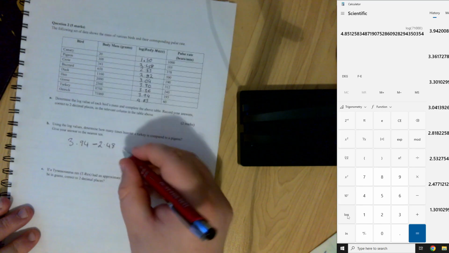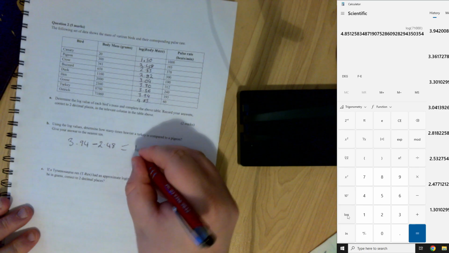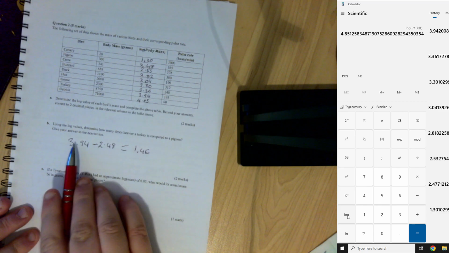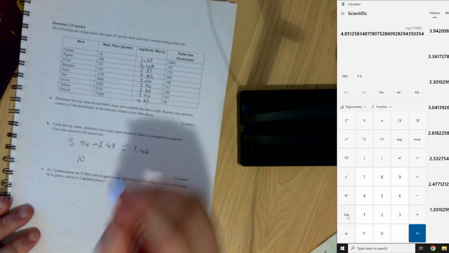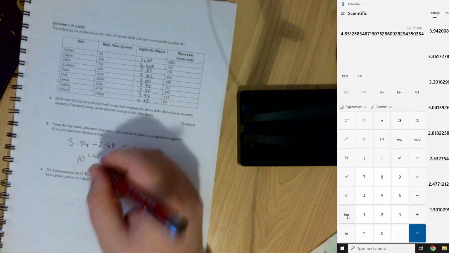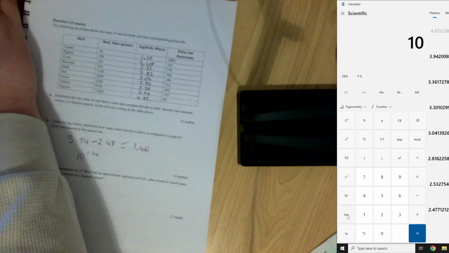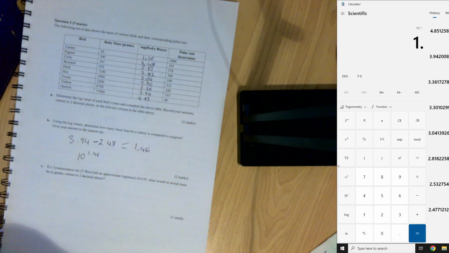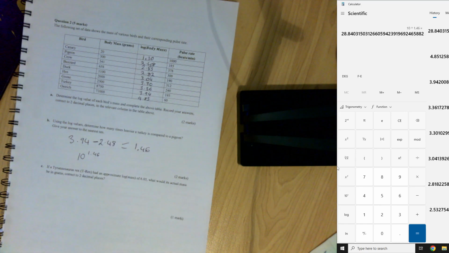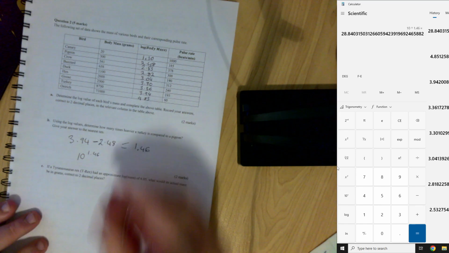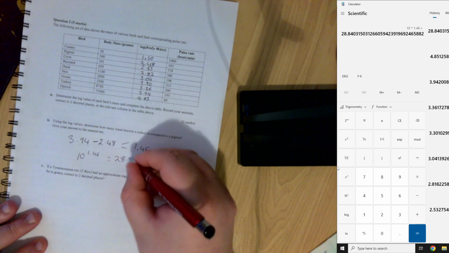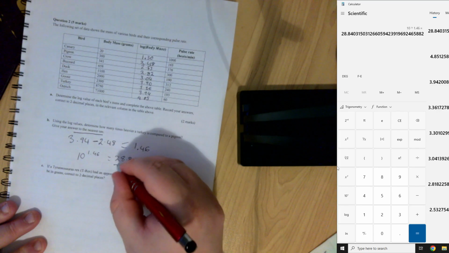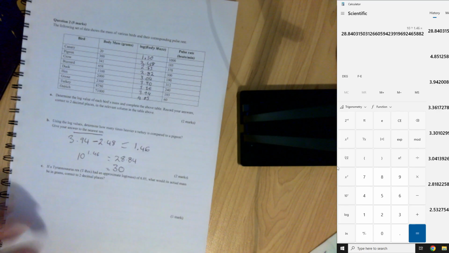That gives you a difference of 1.46, which means the difference between them is 10 to the power of 1.46, which gives you 28.84, which rounded to the nearest 10 is 30. 30 times heavier.